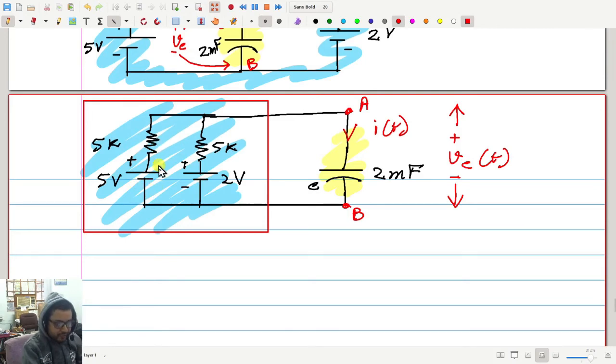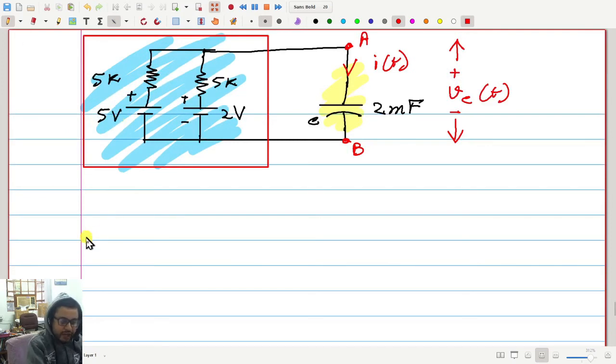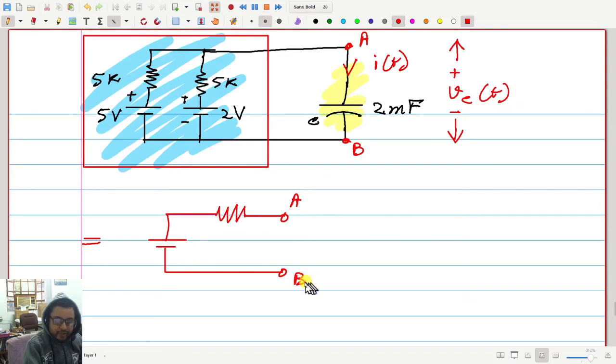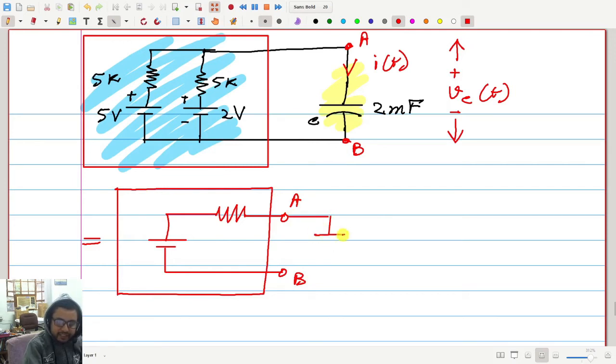Therefore, according to Thevenin's theorem, we can simplify this and draw a Thevenin's equivalent, which will be just a battery in series with a resistance. This is point A and this is point B. Here we have the capacitor.